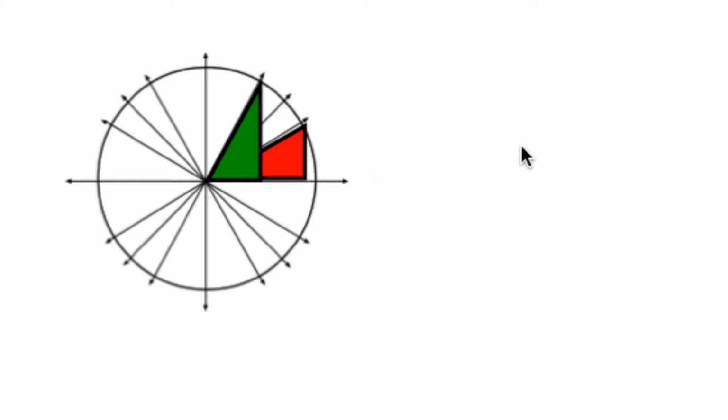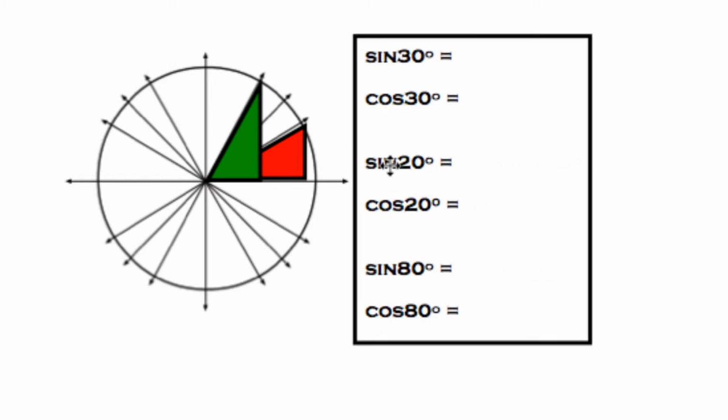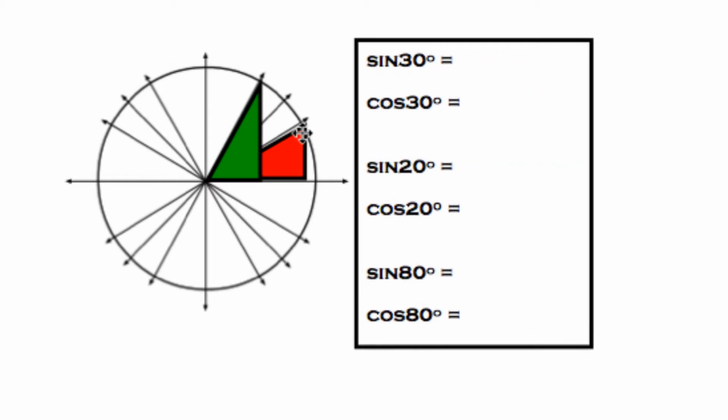And what we can see is that this side of this triangle, that is the y value for 30 degrees, the sine of 30, is really the same thing as the side of this triangle, which is the cosine of 60.